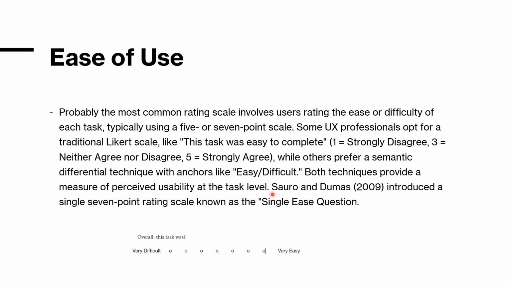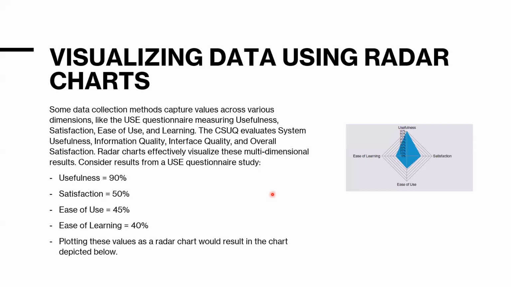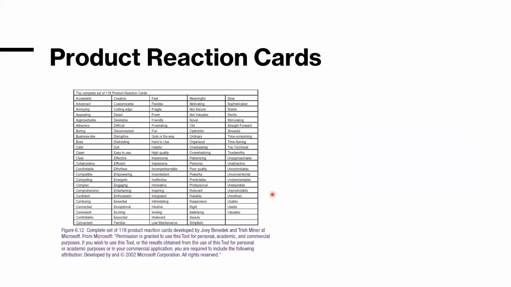For example, if you're using SUS, it is already covered here, and then you can combine all the different aspects of usability metrics and put them into a radar chart. It basically tells you the overall situation, the totality of the usability of your system.